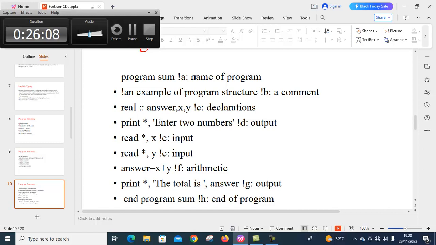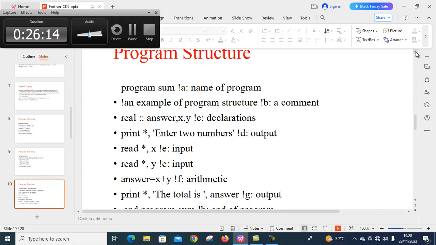So this is just the breakdown of a program structure. Sum here is the name of a program. Here we talk about the exclamation mark.